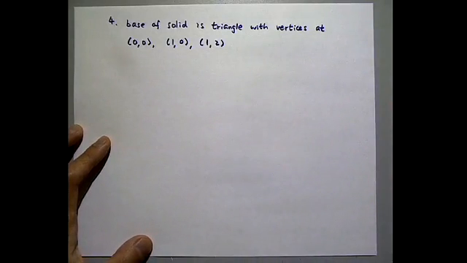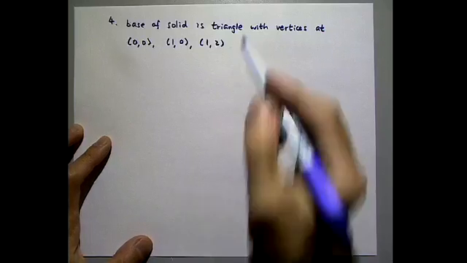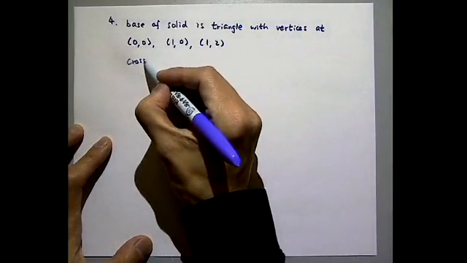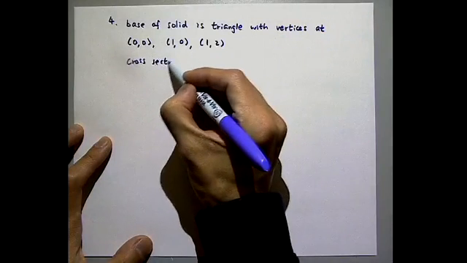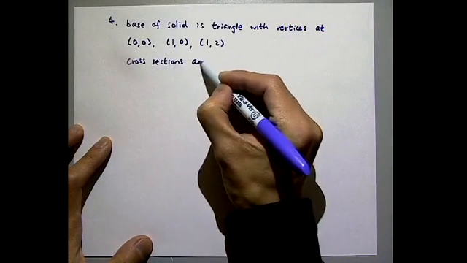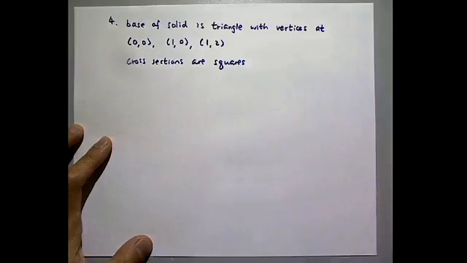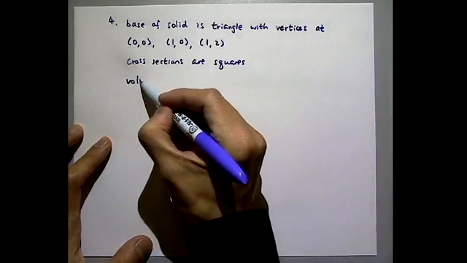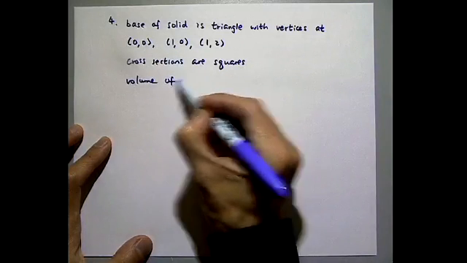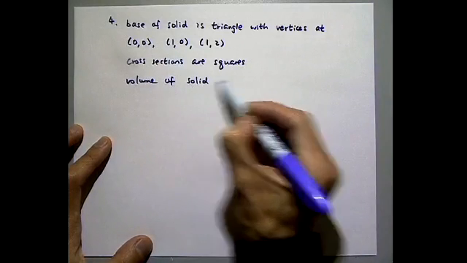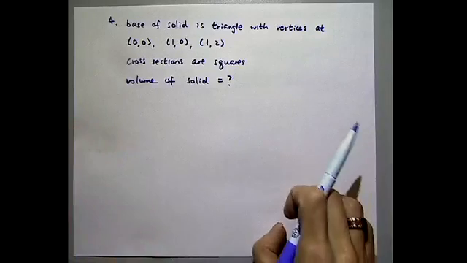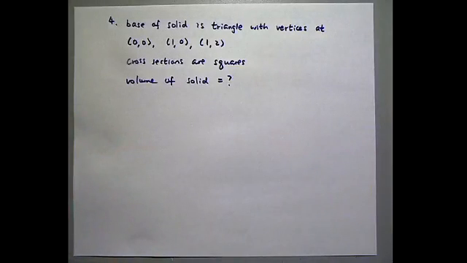Cross-sections perpendicular to the x-axis are squares. So with that information, we want to find what is the volume of that solid.